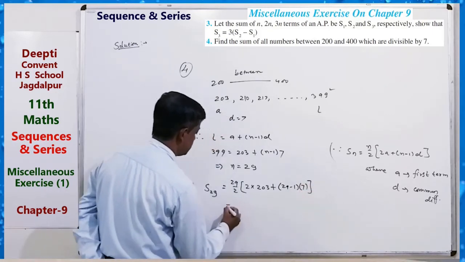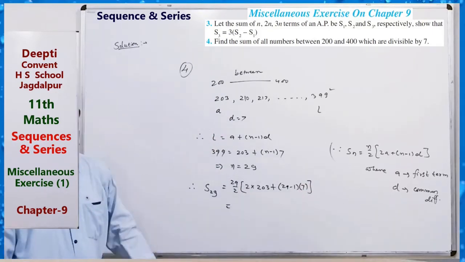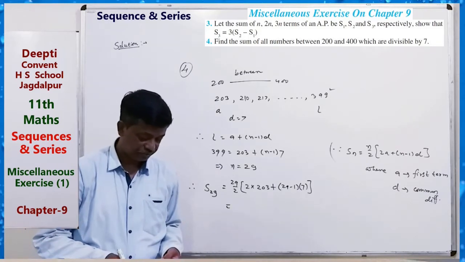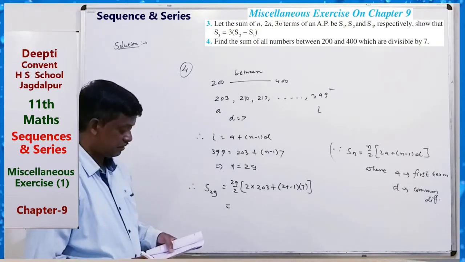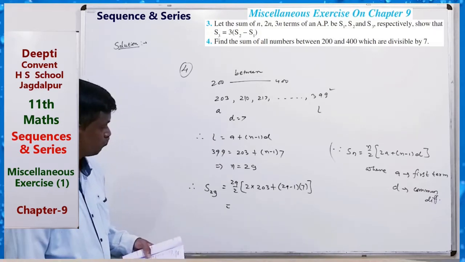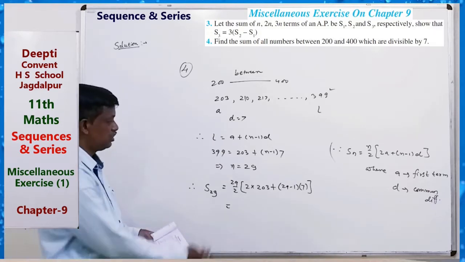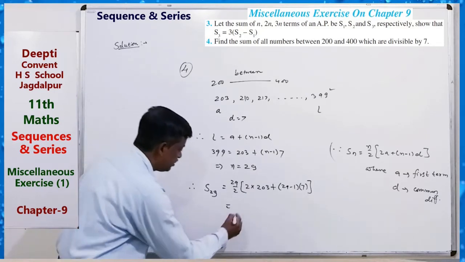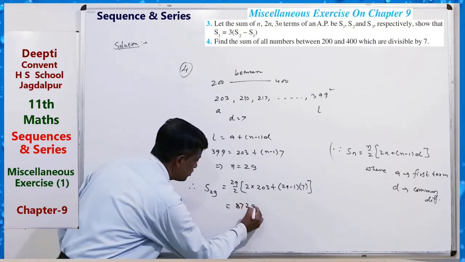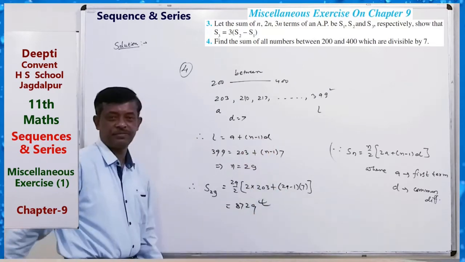Just solve it and you can get the value: 8729. Just solve it.